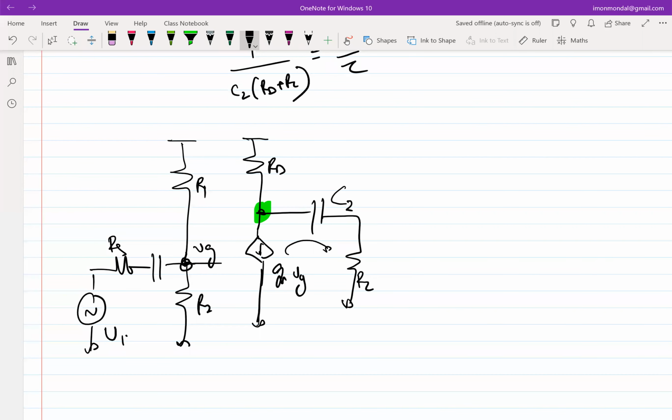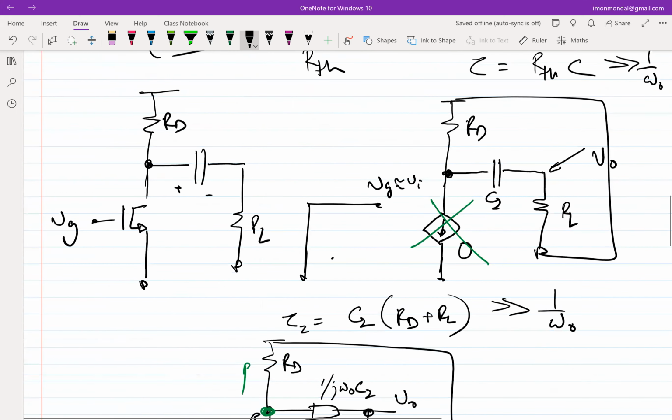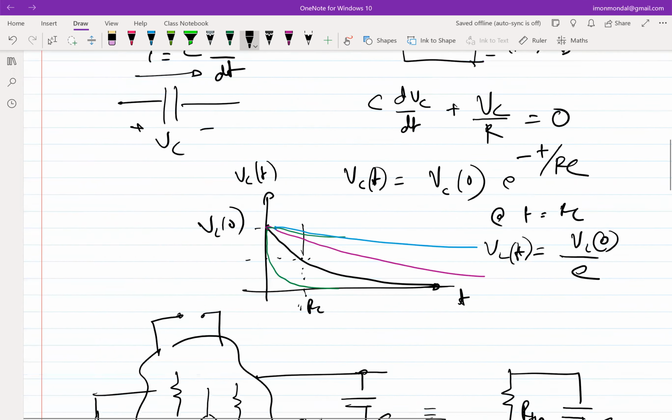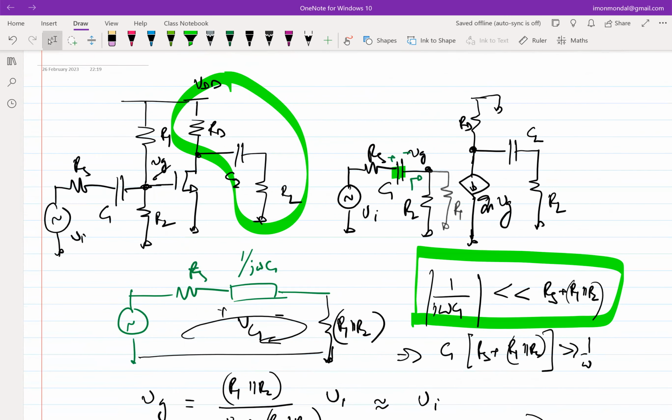But what is the problem? The problem is this is all good in the incremental picture, but I also have a biasing picture to satisfy. If I keep on increasing RD, I'll not be able to ensure that the transistor remains in saturation for a fixed supply voltage.